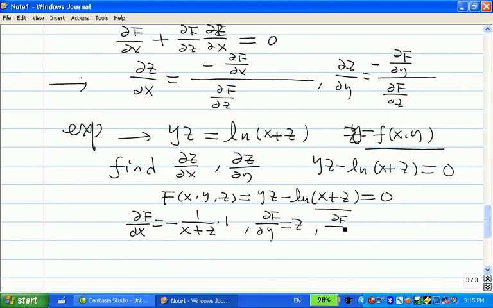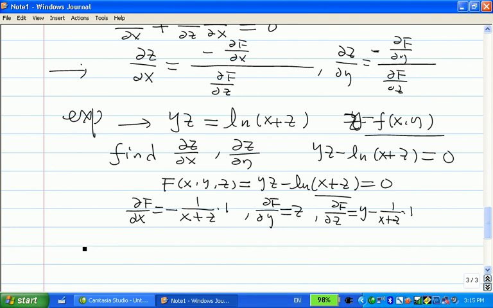Then partial f with respect to z: this time we treat y and x as constants. So the first term gives you y, the second gives you minus 1 over (x plus z), then times the derivative inside with respect to z. You take the derivative of x, which gives you 0, and z gives you 1. That's it.